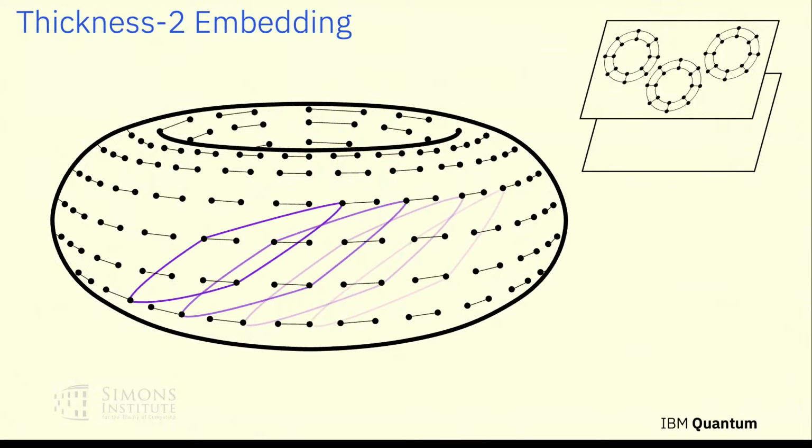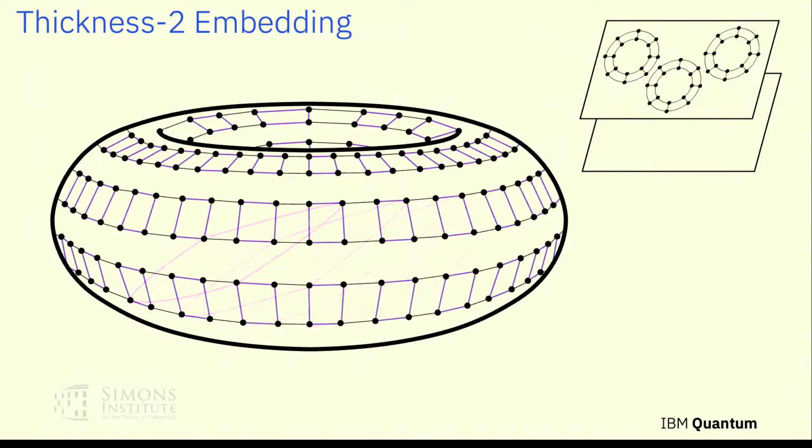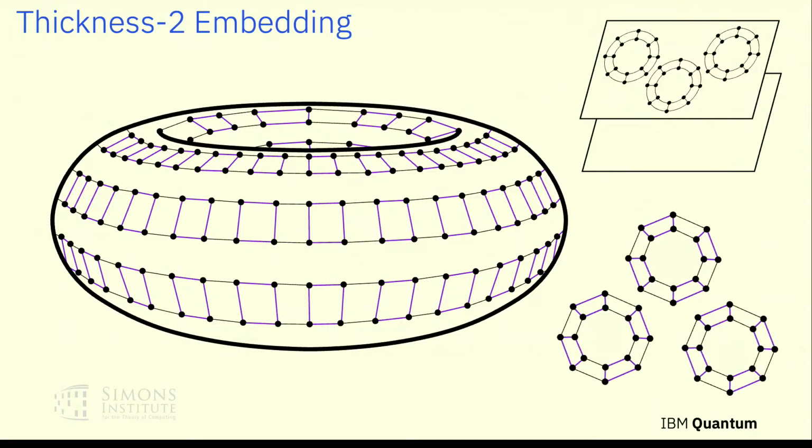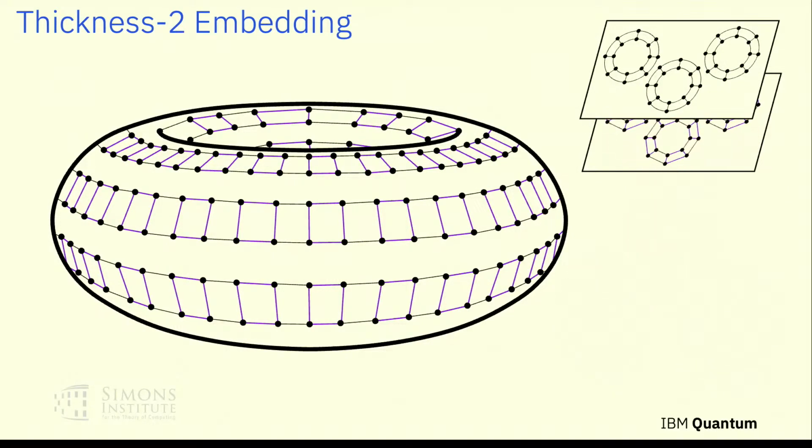That's something like this. And with some rearrangement or redrawing of this picture, you can turn this into wheels that go around the longer dimension of this torus. Okay, that step's a little hand wavy, but if you stare at that picture enough, you can convince yourself that this is the same graph. And so again, these are wheels, which we can put into the second layer.